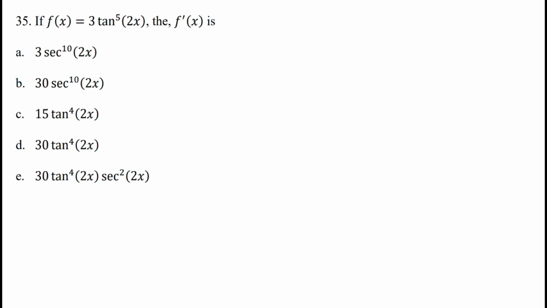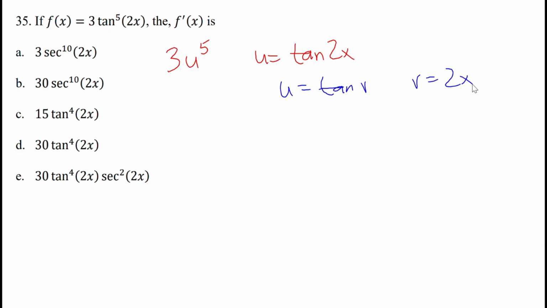All right, for number 35, again, we're just looking for a derivative, right? It's 3 times tangent to the 5th of 2x. So that's 3u to the 5th, where u is the tangent of 2x, which we'll recognize that's a chain rule again. U is tangent v, where v is 2x. So the derivative of 3u to the 5th is 15u to the 4th, so tangent to the 4th of 2x.